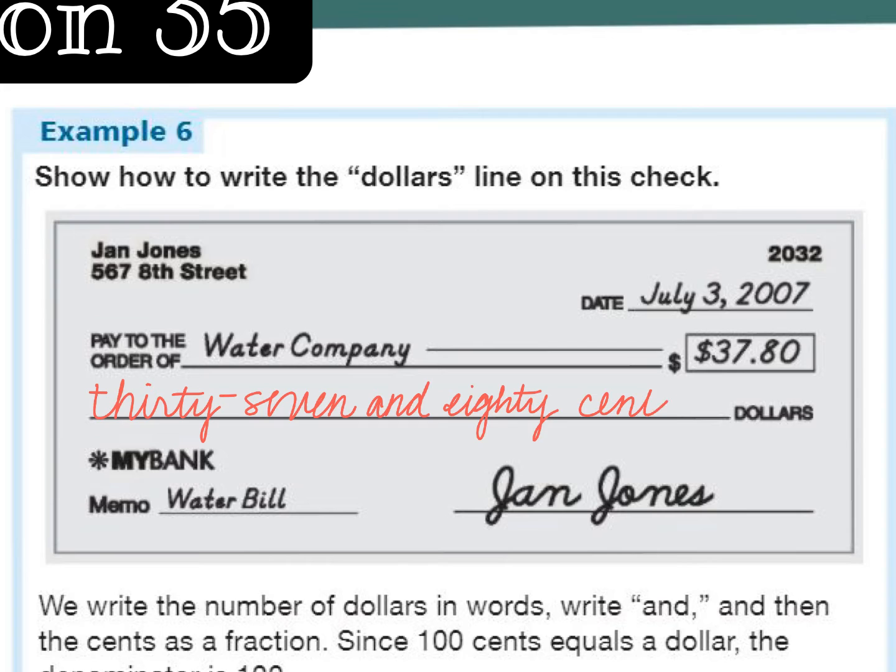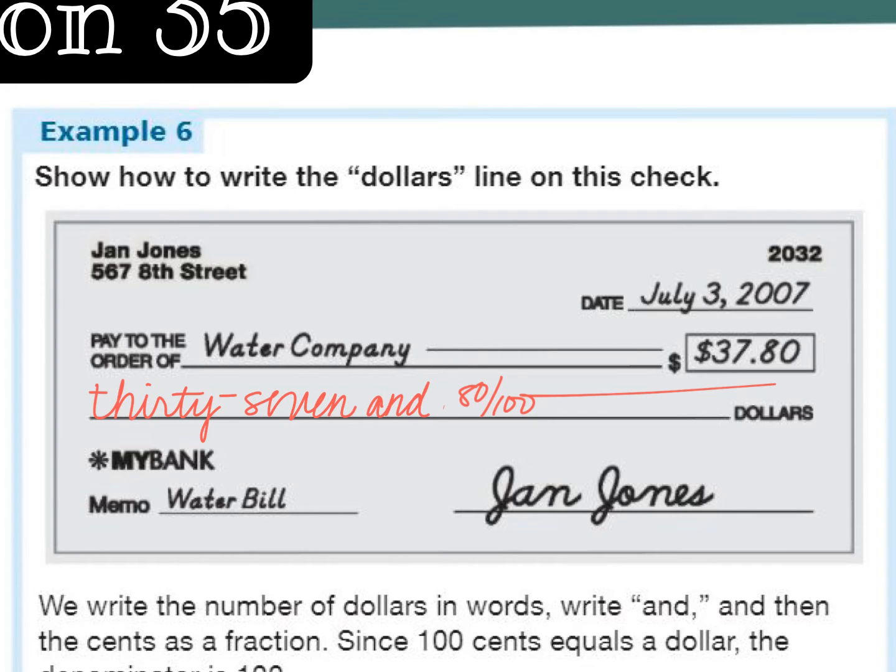Well, I could finish it off and write "and 80 cents." What we typically do is write the dollar amount in words, and then you write the word "and" and show 80 cents like this, 80 out of 100. And then they draw a line all the way through the rest of it. So if I took off the 80 cents here, this is what it would look like on a check: 37 and 80 over 100, like that. That's typically how you write a check.